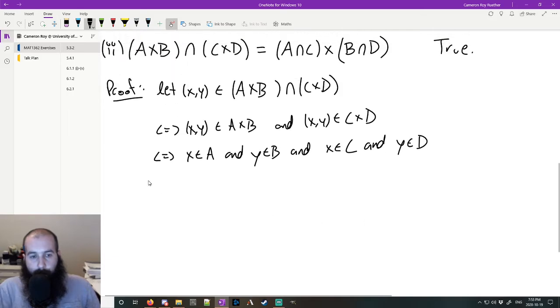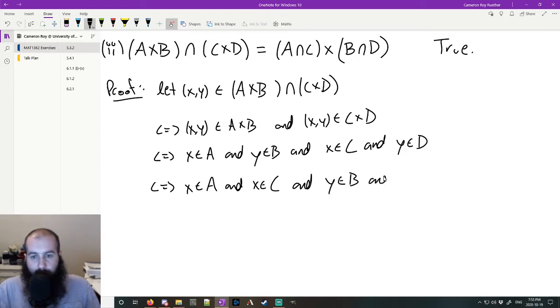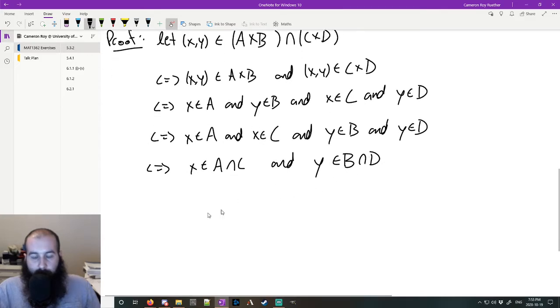Now, we can regroup this. Just doing some commuting, we have that x is in A and x is in C. And this is connected to y being in B and y being in D. This is equivalent to saying that x is in the intersection of A and C, and y is in the intersection of B and D. And now this means that the pair will be in the Cartesian product of these two sets.